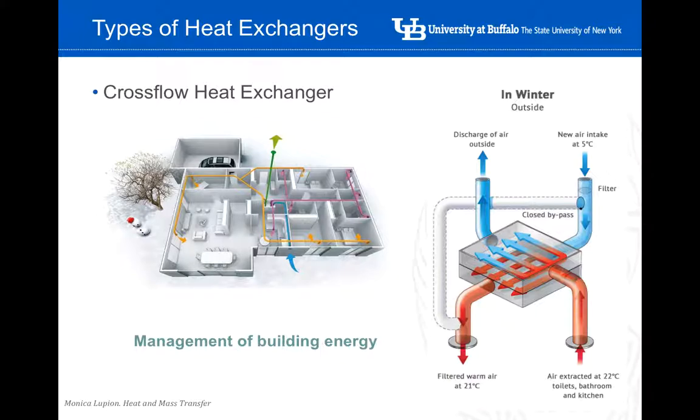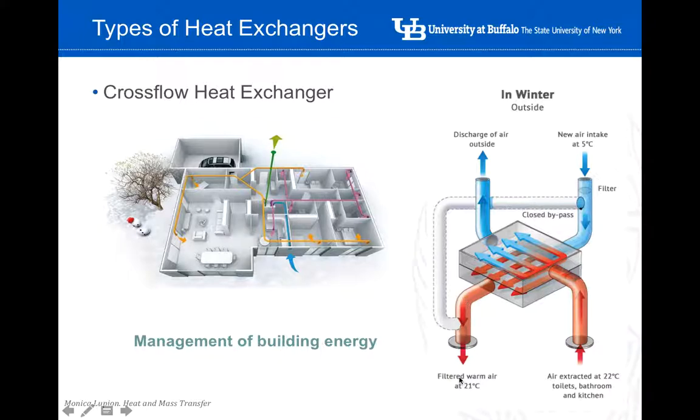This is an example of an application of a cross-flow heat exchanger. It's the heating system in a house. So during the winter time, the system gets new air from outside, filters it, and then uses a cross-flow heat exchanger like this one to heat this fluid up.